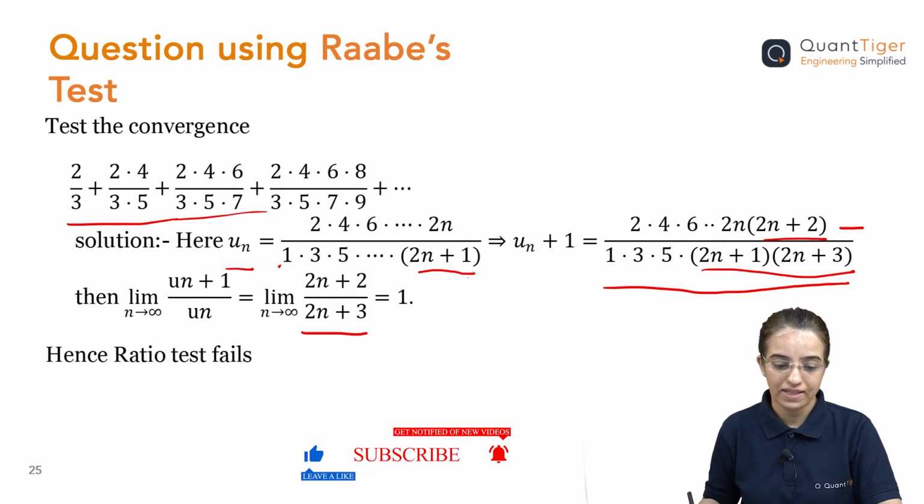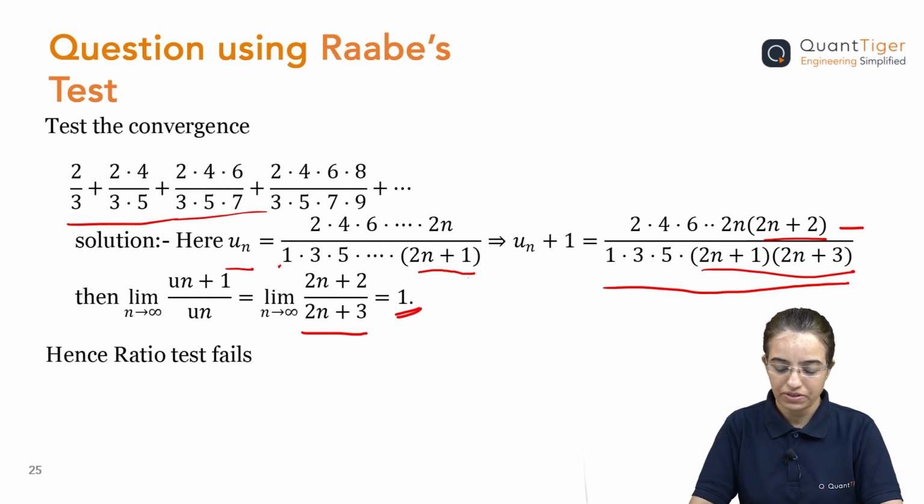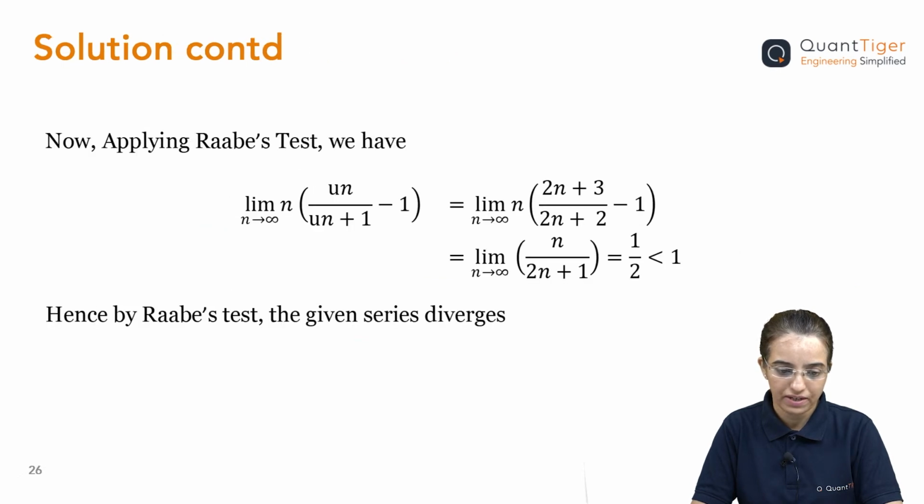If you simplify it, you will get the answer equal to 1. This is how we conduct the ratio test. Whenever we get the answer 1, we say that the ratio test failed.